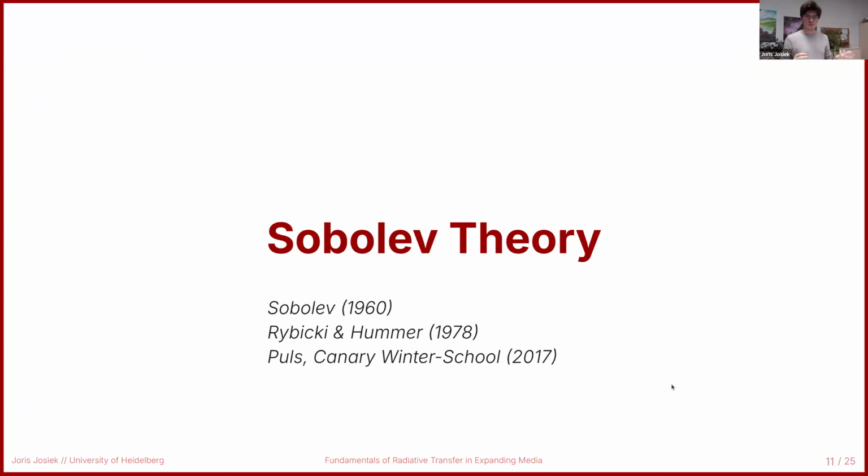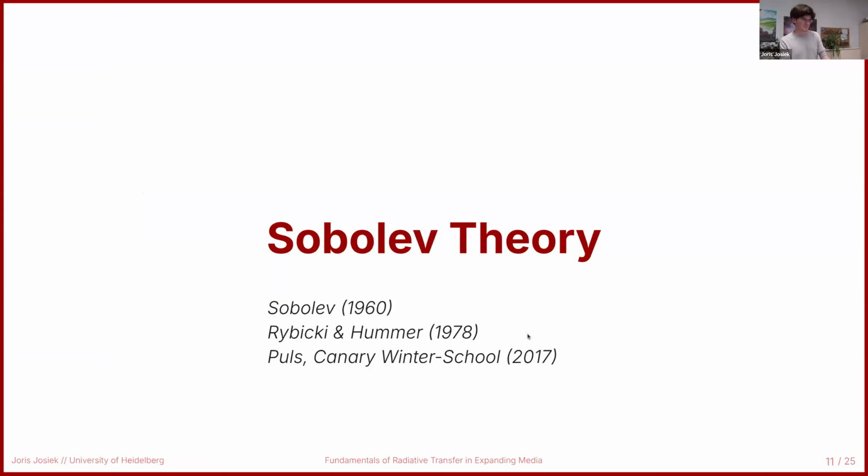So this brings me to the so-called Sobolev theory. This is a theory originally developed by Sobolev in the Second World War, but formally written down and published in the 60s. This Rybicki and Hummer paper also solves this in an elegant way.